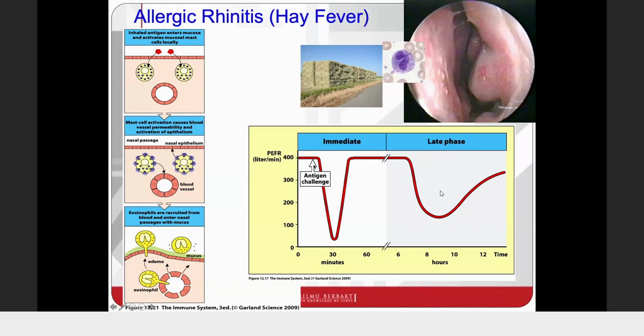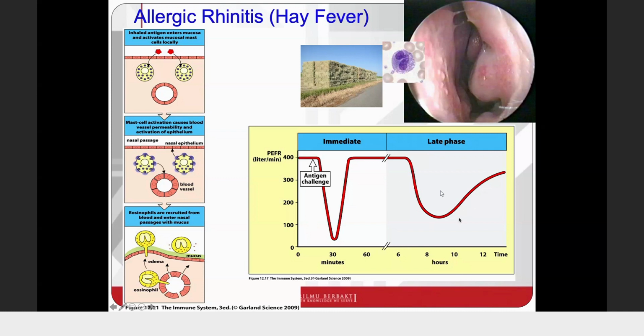So you can see here the PEFR was actually depressed just a few minutes after the antigen challenge. This is because of the effect of the pre-made molecules, and then it goes back to normal, and then a few hours later, it will actually go down again.